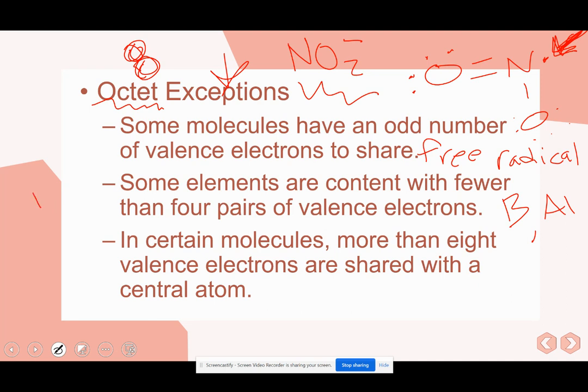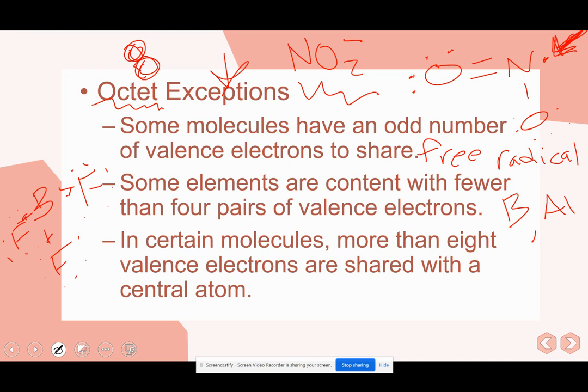So like if you do the Lewis structure for BF3, you're going to have the boron surrounded by 3 fluorines. And if you count those up, he's got 2, 4, 6 electrons around him, and boron is perfectly happy like that.